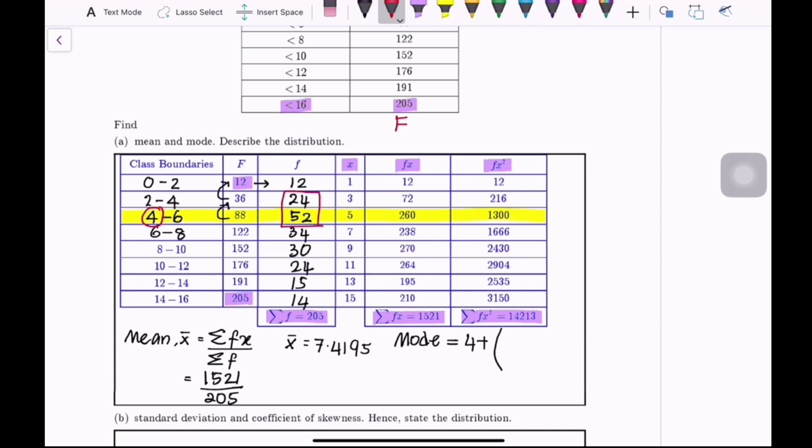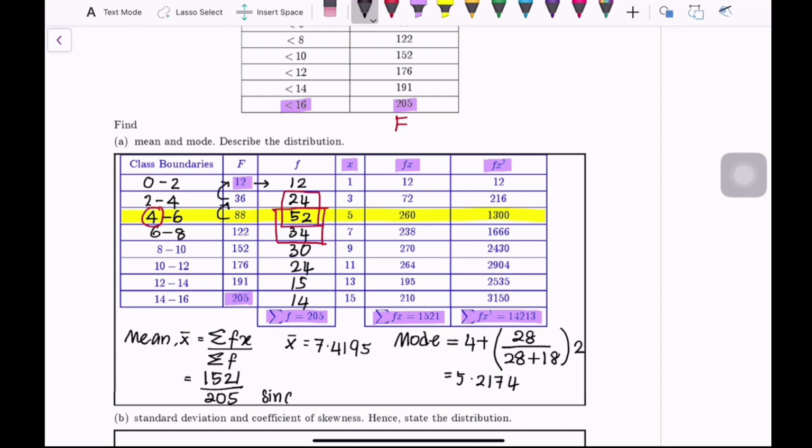So 52 minus 24 is equal to 28. D2 is the difference between the mode class and the class after. So 52 minus 34 is equal to 18, times C, which is 2. So the mode is equal to 5.2174.